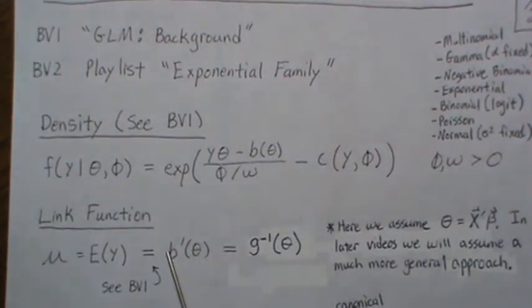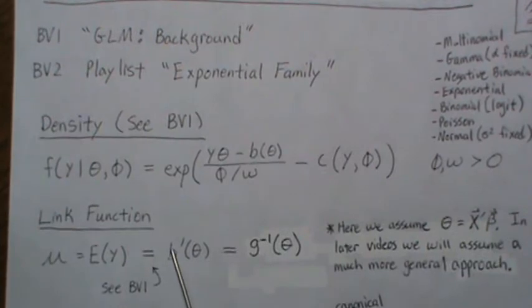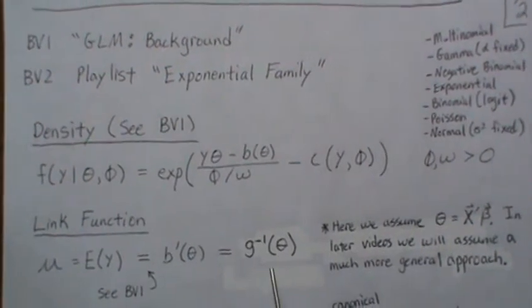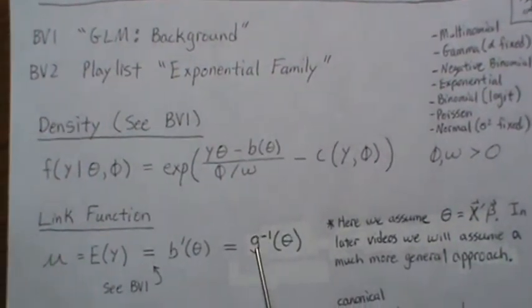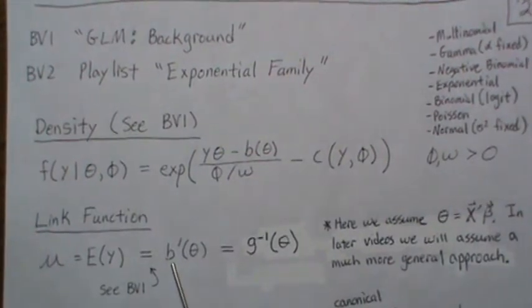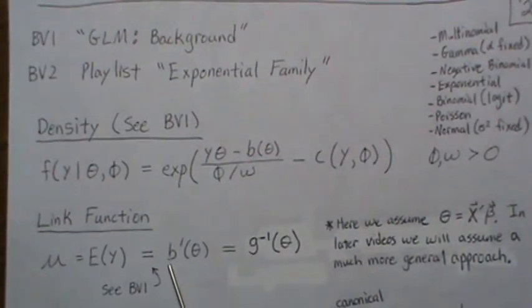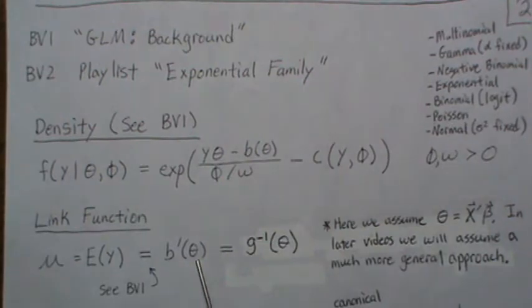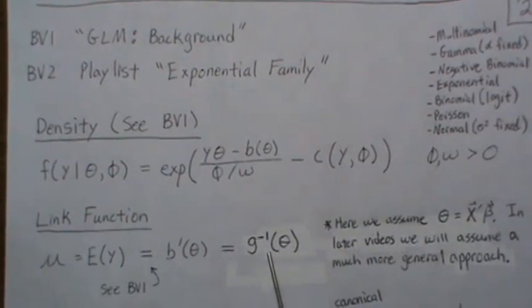So really we could call this anything, h of theta, m of theta, but let's call it g inverse of theta. And so this is just the way to give it a name. Instead of calling it the first derivative of b of theta or the b prime of theta, we'll call it g inverse of theta.